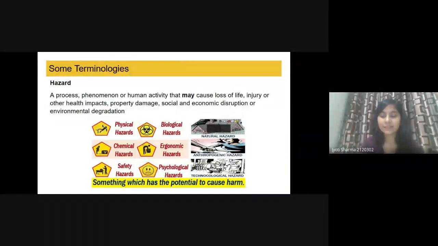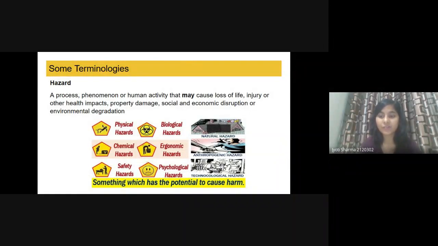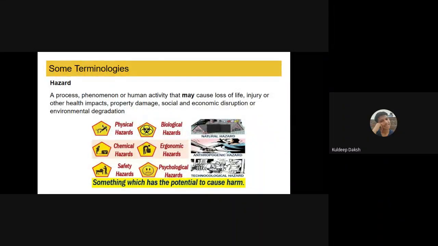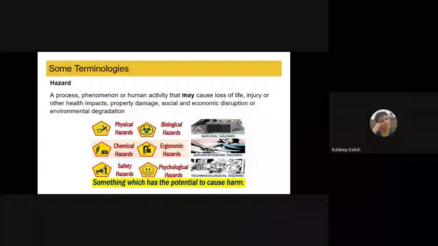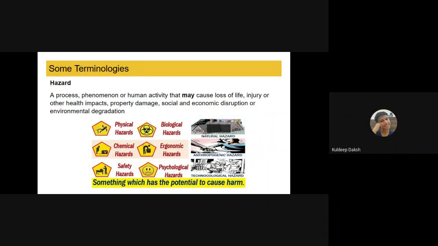Yes, Danish? Ma'am, in hazard, I think there is no damage to infrastructure or economic damage. This is limited to human health and human casualty.